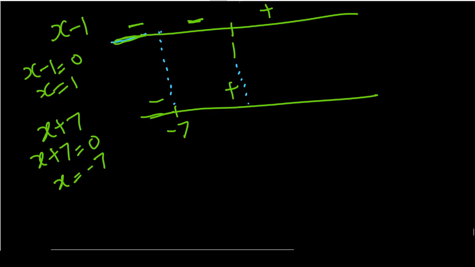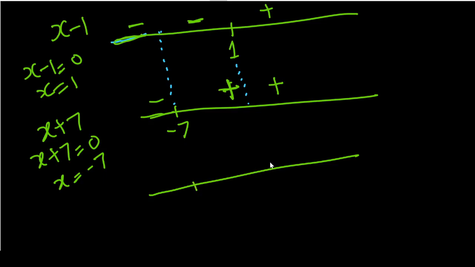Now again here it is plus sign, here it is plus sign guys. So after this also it is plus only guys. Okay, this is 1, this is minus 7. So if you multiply these two, we will get a quadratic expression x minus 1 into x plus 7, whose signs would be minus multiplied by minus, the same way we did in the previous example, which gives plus sign.